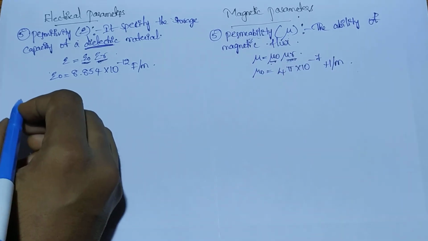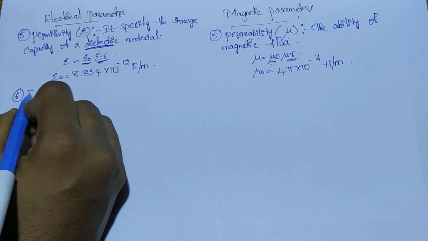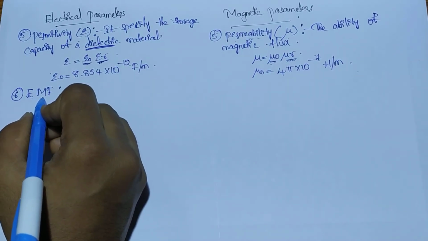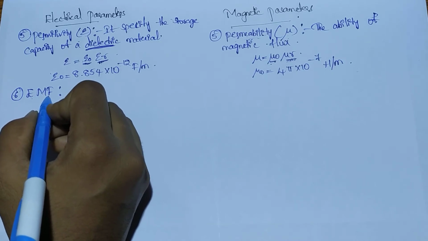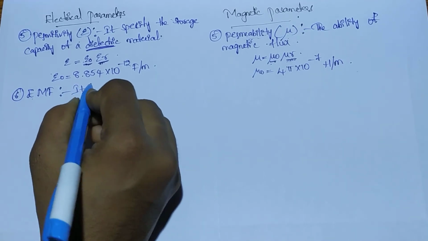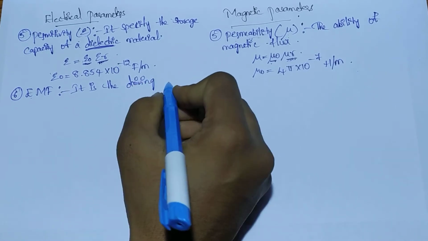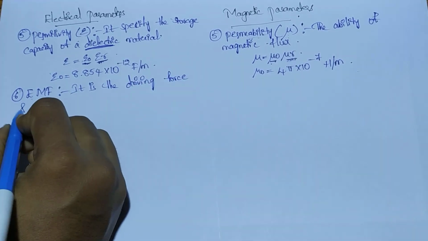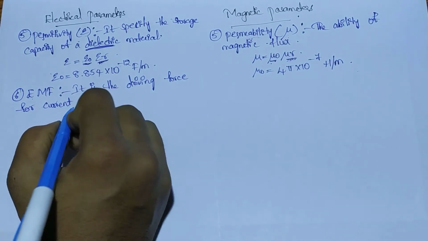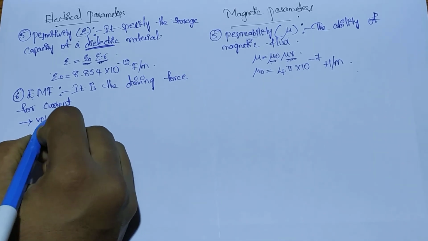Next, in the electrical parameters, we have EMF, which means electromotive force. It is the driving force for current, and its unit is volts.